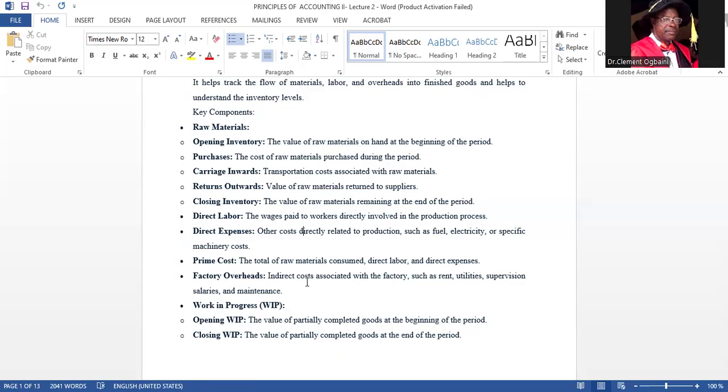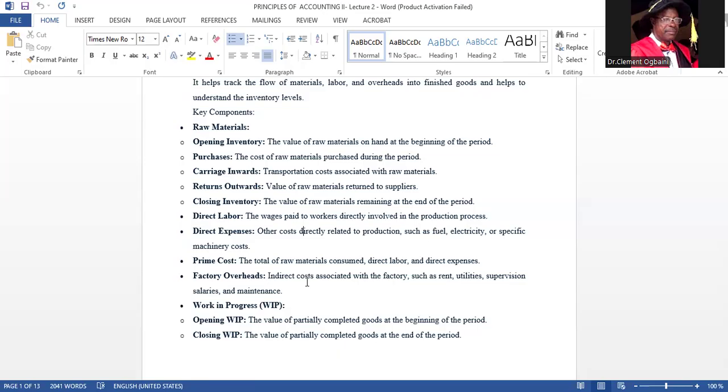So we have direct expenses. Another example of direct expenses is when you are running a franchise for an organization, maybe you have a franchise from Mr. Biggs, from Pizzarini, from Sweet Sensation, from Kaltsina.